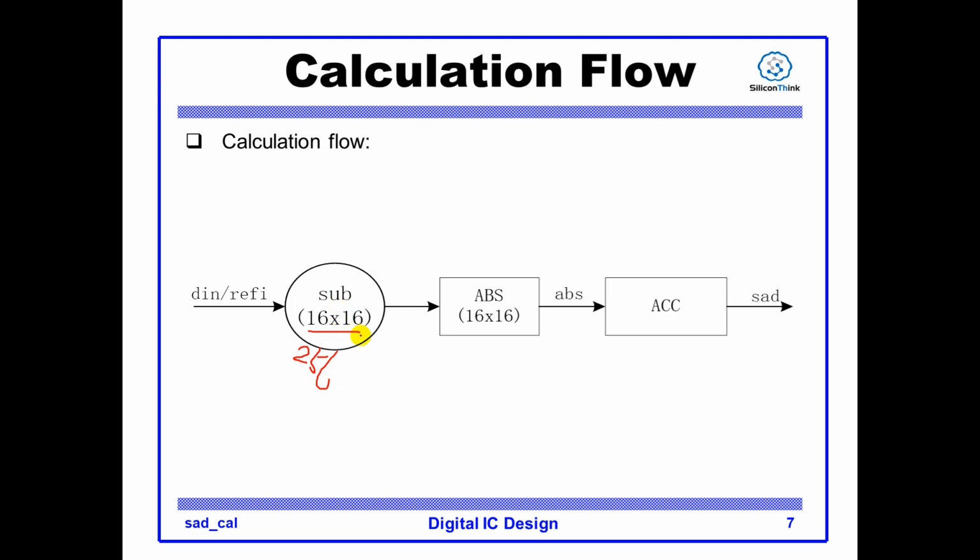Then get the absolute value of each point, so there are also 256 absolute operations in parallel. Then you accumulate all the points together to get the final SAD output. So this is the calculation flow of this function.